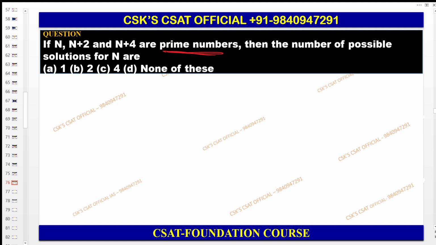So now n here, Swati giving 2. Suppose, let us check here, what if n is equal to 1? Ariviel giving 1, Nikita giving 2. The question is dealing with n, n plus 2, n plus 4 are prime numbers. The number of possible solutions for n.